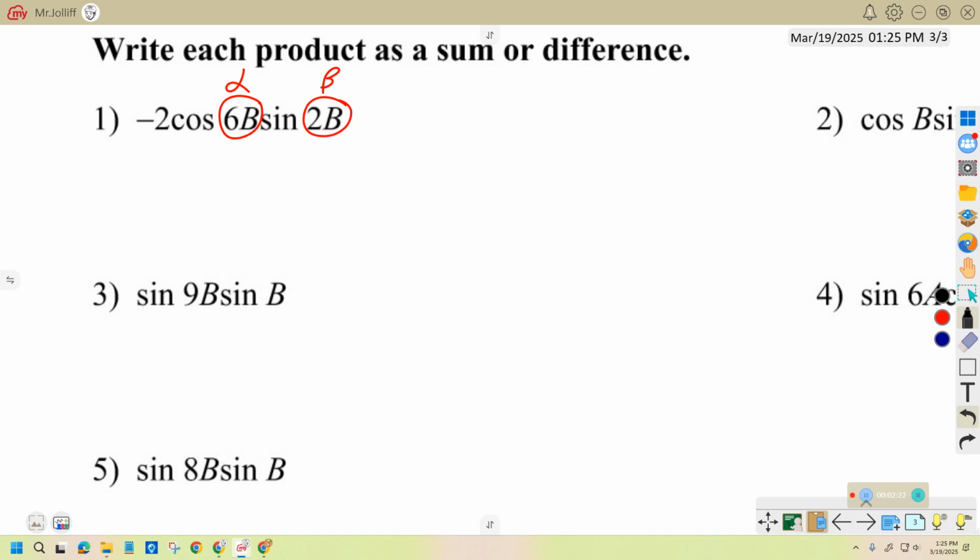And the formula says that cosine times sine can convert to an addition problem. The minus 2 is not part of the formula, so it's going to hang out in front.